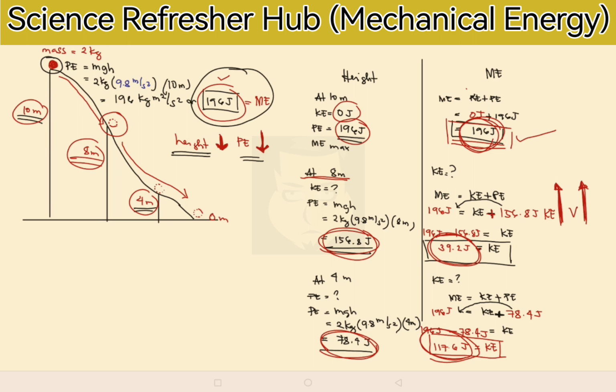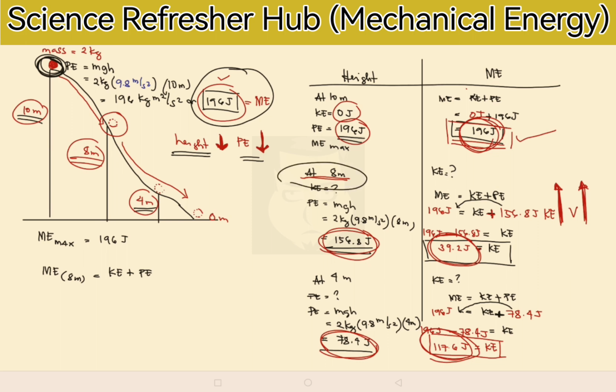Okay, just a proof. So the maximum ME in this position here is 196 joules. So the ME at 8 meters, we need to know the KE and the PE there. We calculated it using this table.